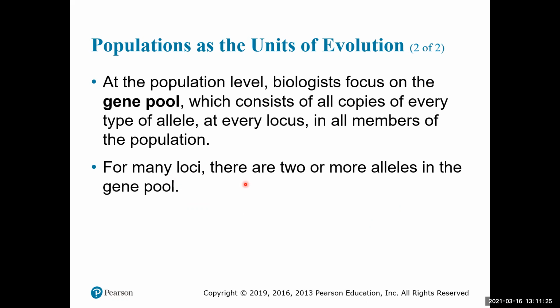For simplicity, we generally talk about only having 2 alleles while teaching courses because it's easier to think about. But in reality, most of the time it's 2, 3, 4, 5, 6 alleles that are present at a particular gene. And remember, each allele is coding for a specific trait, like different color of the eyes, etc.